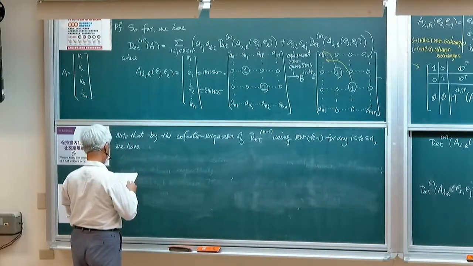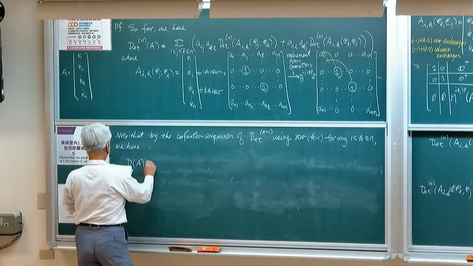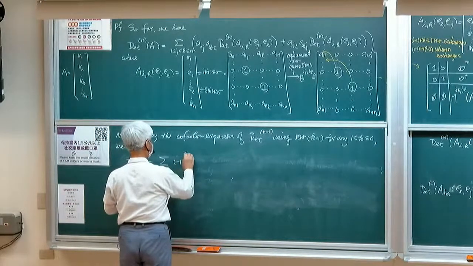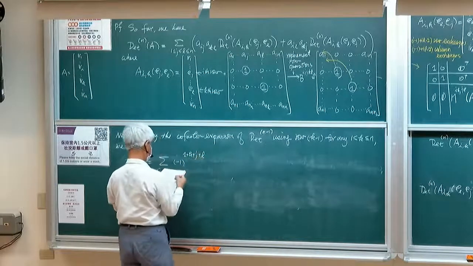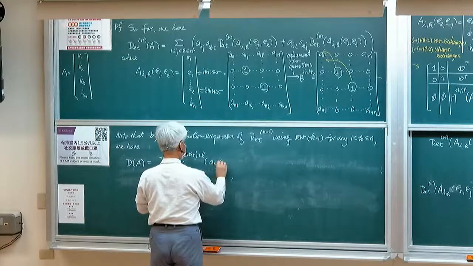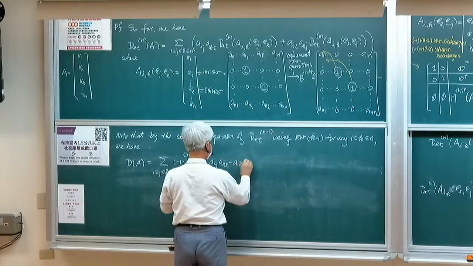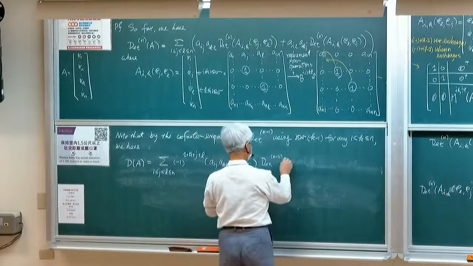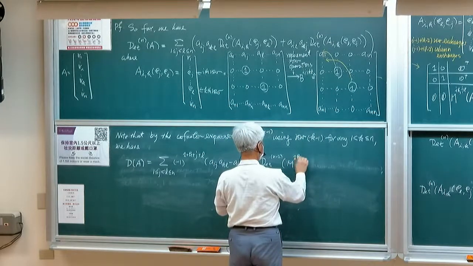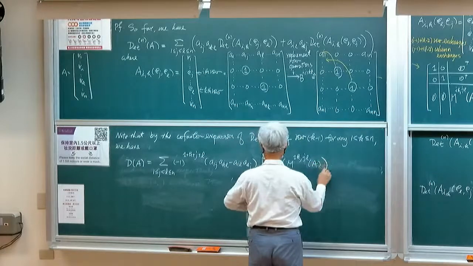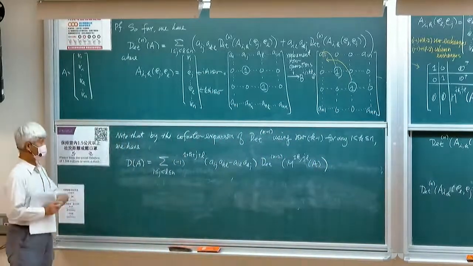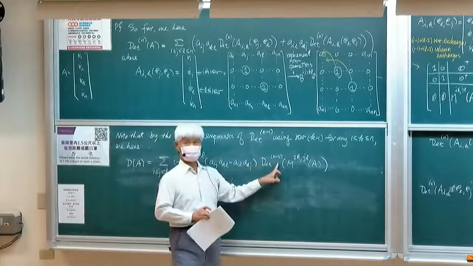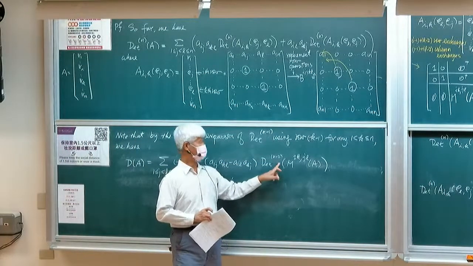So now after that, we will have D(A) equal to a sum with the sign minus 1 to the power 1 plus k plus j plus l, times (a1j akl minus a1l akj), times the determinant of the M1k,jl minor of A. So D(A) can be expressed by this expression using a determinant function for n minus 2 by n minus 2 matrices.